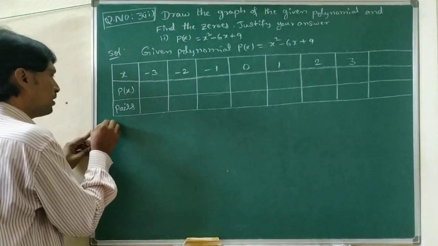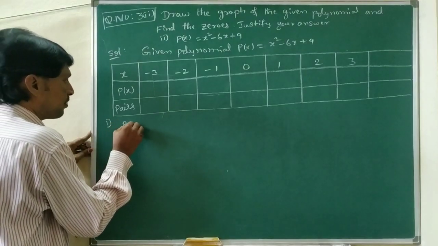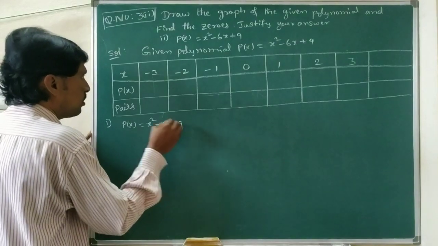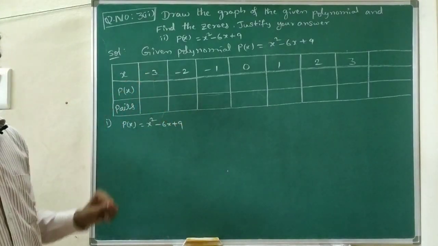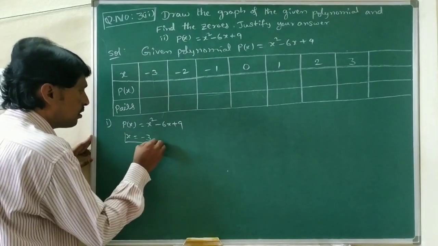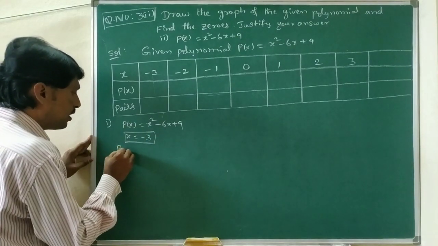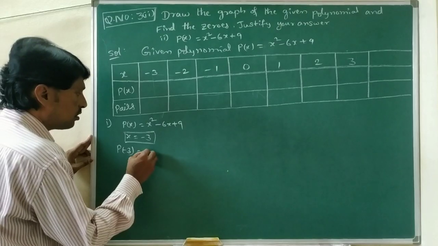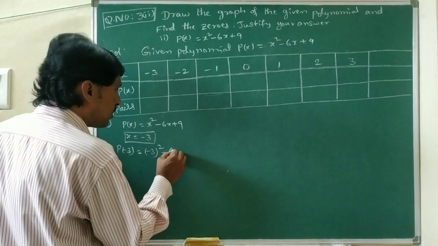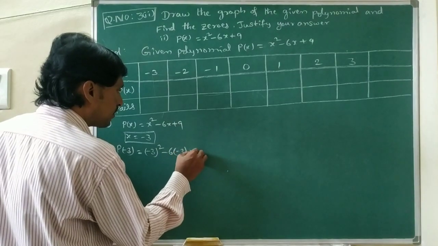Now first, p of x equals x square minus 6x plus 9. The x value first you can take minus 3. So x equal to minus 3, we can substitute here. We are getting p of minus 3 equals minus 3 whole square minus 6 of minus 3 plus 9.